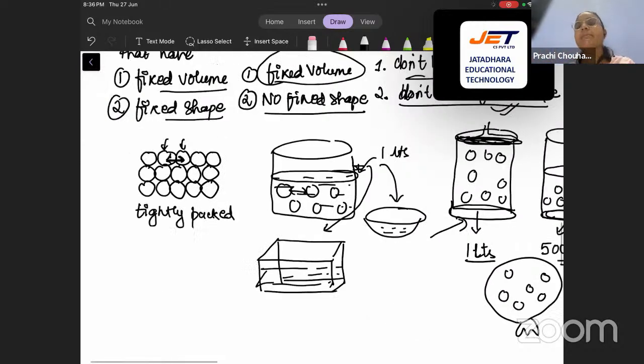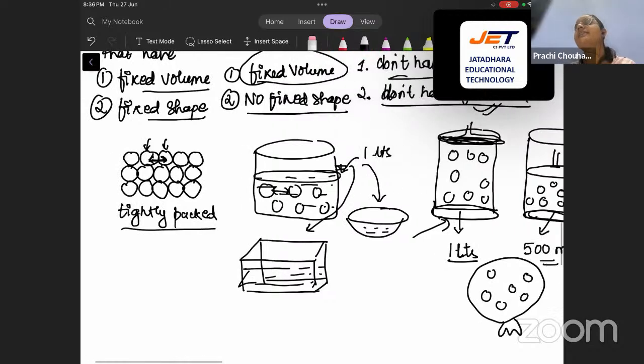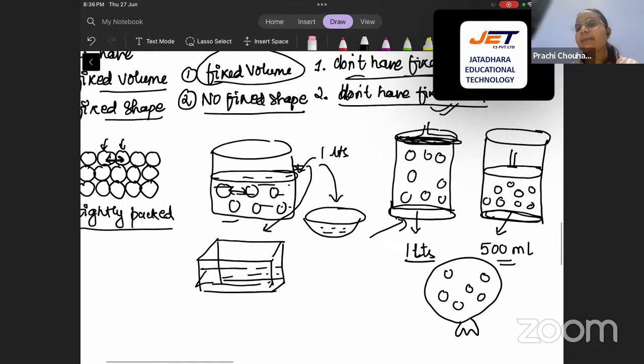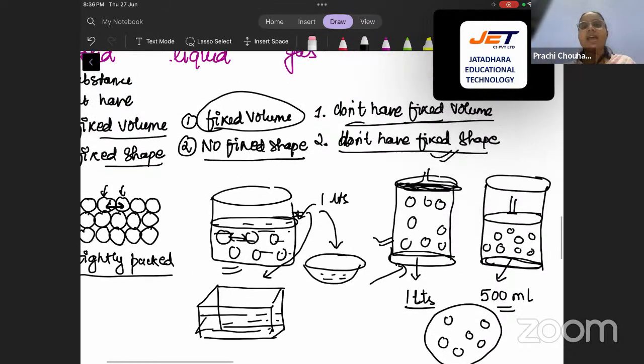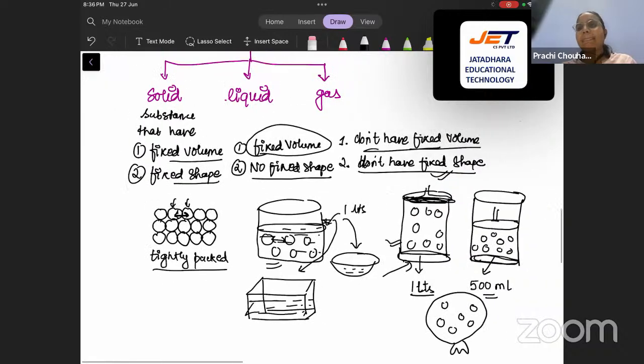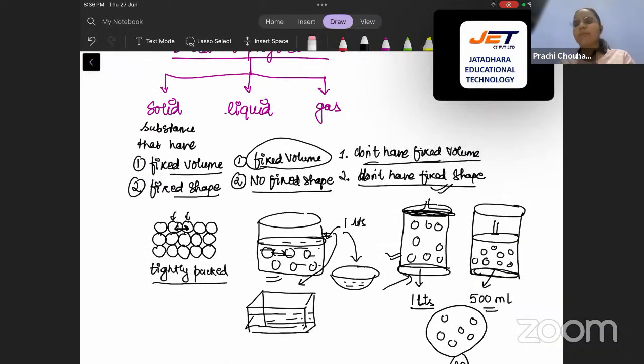So here the particles are tightly packed, and here the packing is a little loose as compared to solids, whereas here the particles are completely free to move around. So just tell me if this topic is clear.